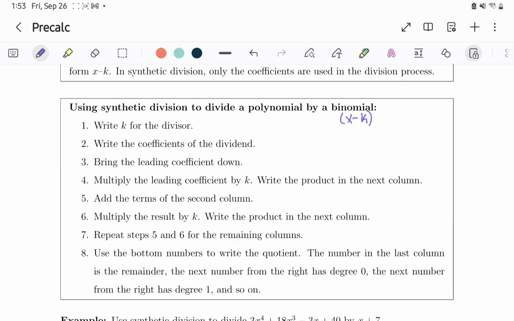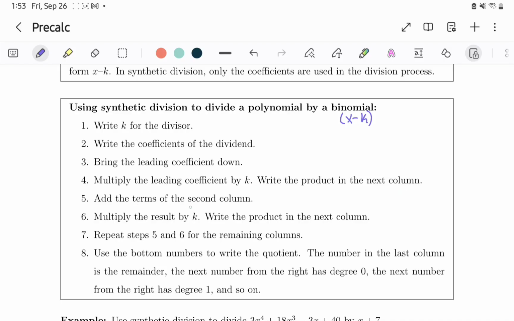If we had x plus k, then we'd use a minus k for the divisor. And then we will write the coefficients of the dividend. And then we will bring the leading coefficient down. And we will then multiply the leading coefficient by k, after we bring that leading coefficient down. And then we'll write the product in the next column.